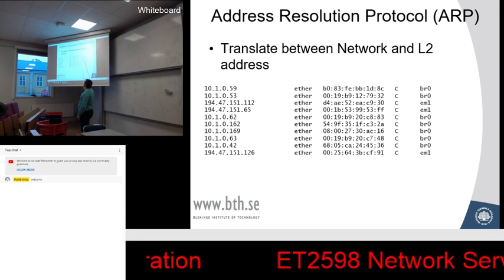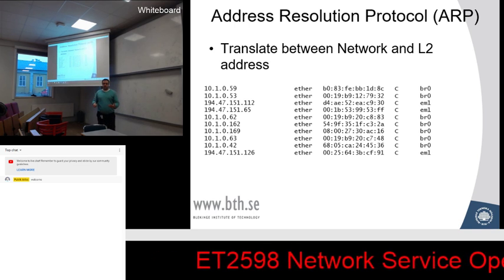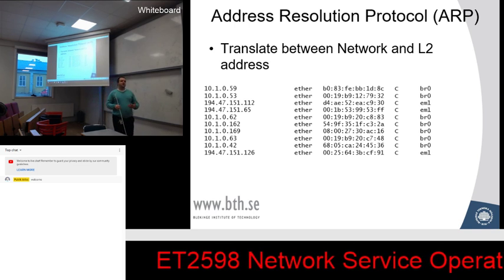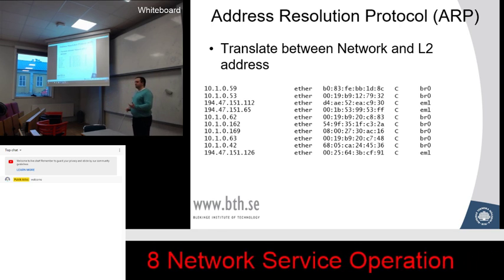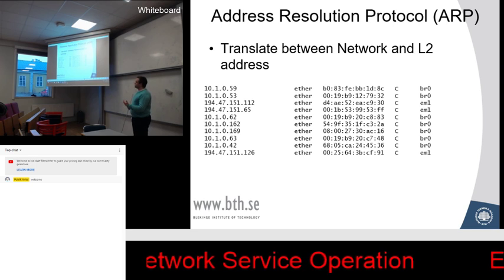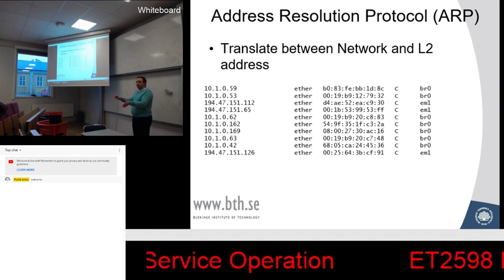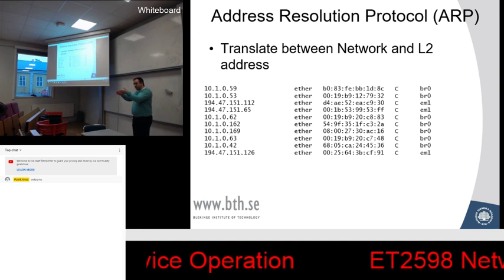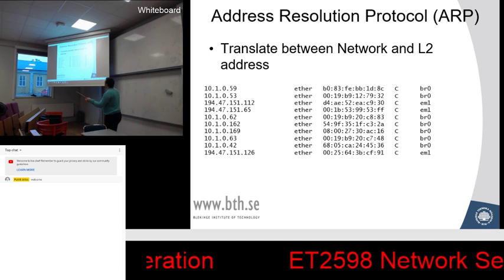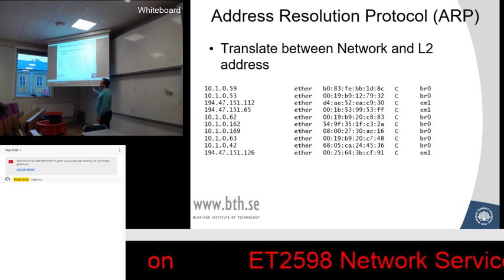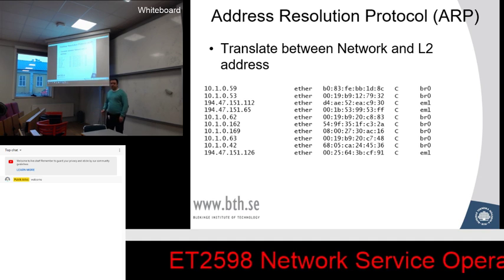And C, in this case, means it's cached. I have learned it. You can hard code an address so that, for example, 10.1.0.42 is always on this MAC number. You don't need to look it up. When you want to reach that, here's the address to use. And then the last is, what is the interface that this has been detected on?